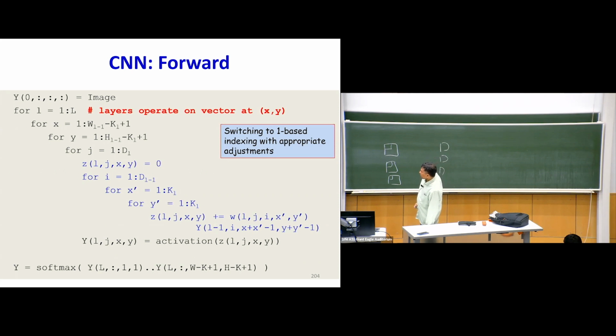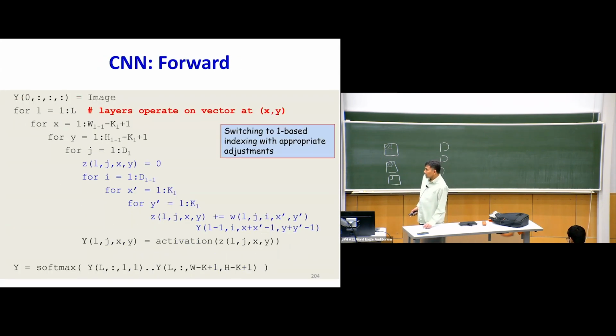Within each element, at each position, I'm taking the inner product of the filter and the underlying Y position, right? And summing them all up. And then finally, I'm applying an activation to it, right? I've just drawn this at the top left corner, but this could be at any position.